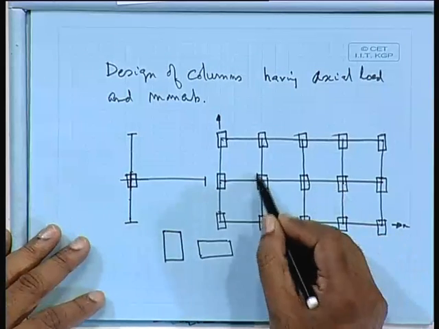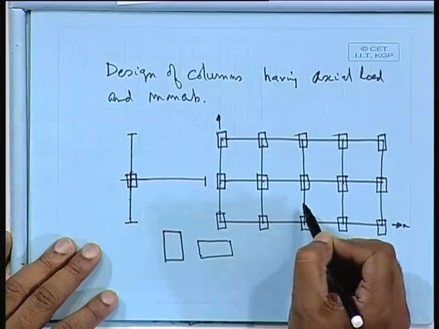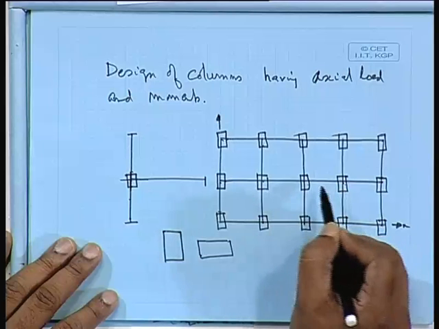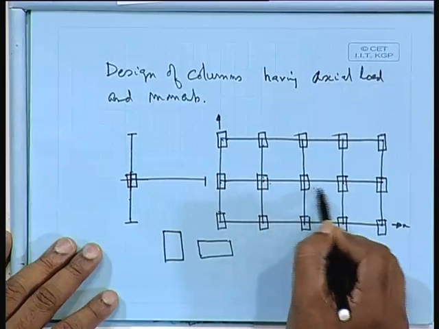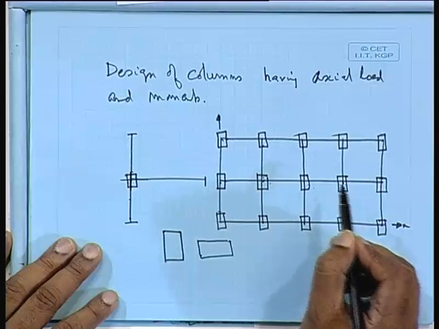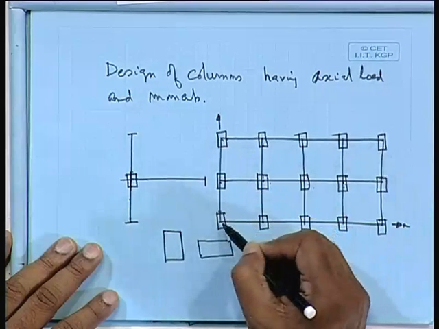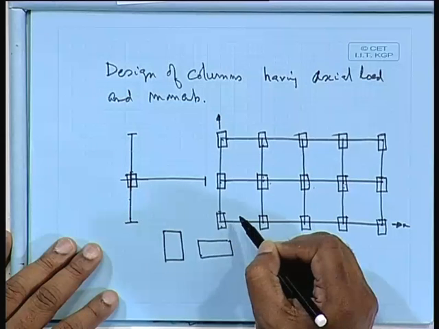Due to a change in span or loading, a moment may develop, but in most cases these columns are axially loaded, whereas the corner columns are axially loaded as well as bending about both axes.